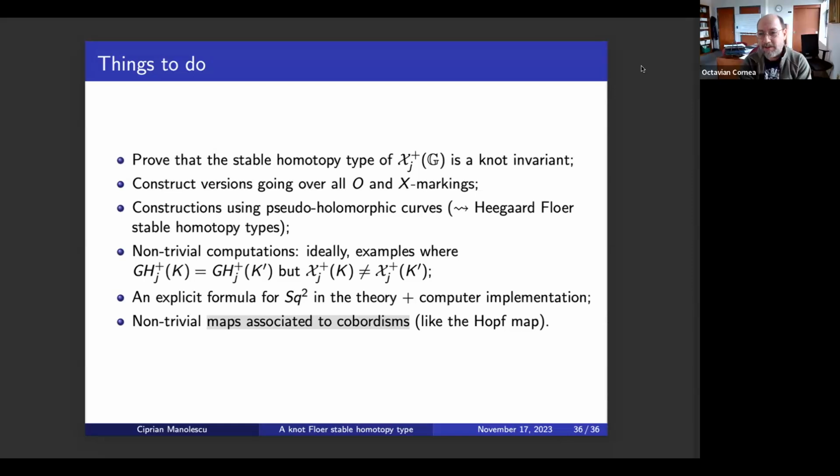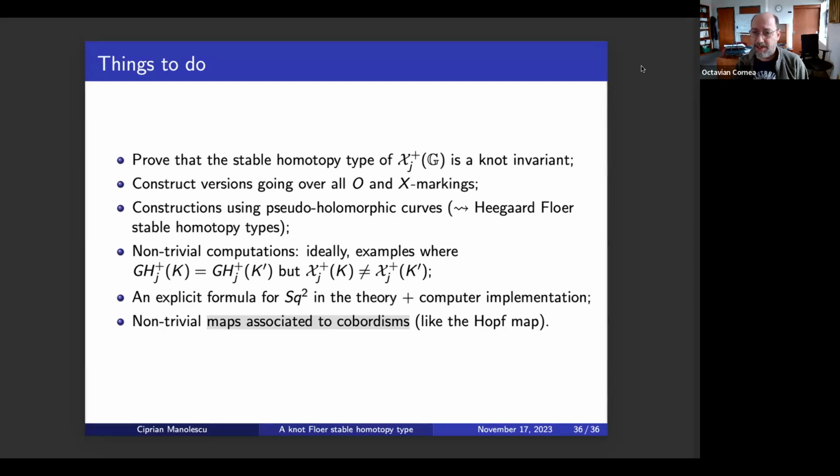It's not quite true, Ciprian, because you can be in situations in which the number of intersection points between two Lagrangians is finite, and the degrees of each are well defined if you are in an exact situation.